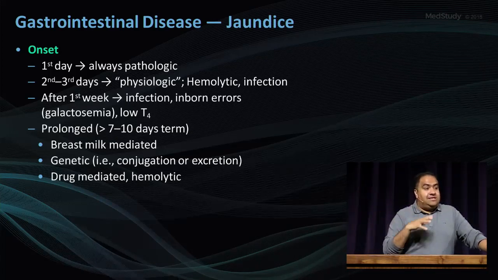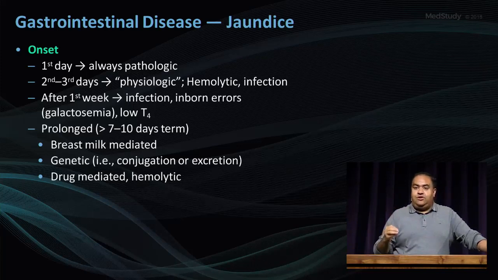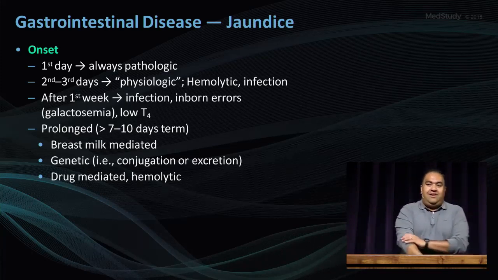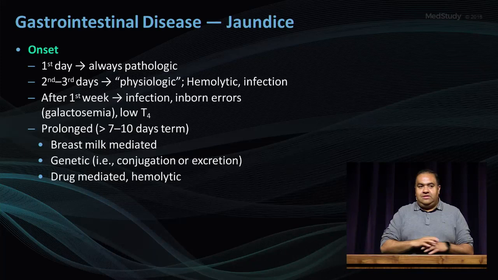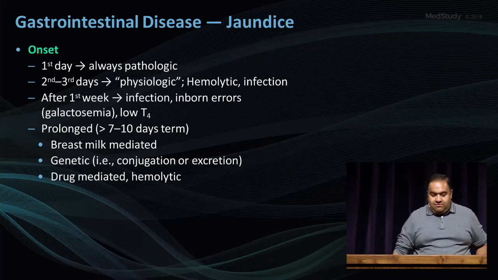The nomograms that exist, particularly the Bhutani curve, are only designed for infants that are greater than 35 weeks gestation. So even though we extrapolate it however we want to use it, you really can't use that nomogram for the 28-weeker or the 30-weeker. It's completely incorrect to use it in that way.